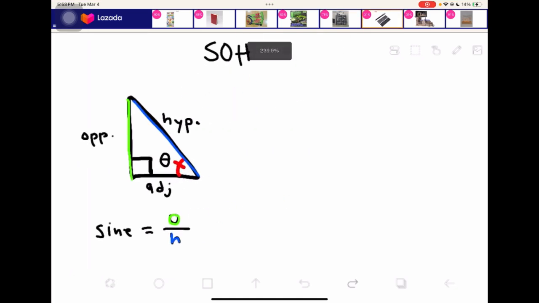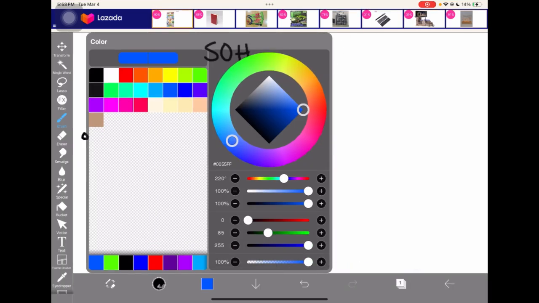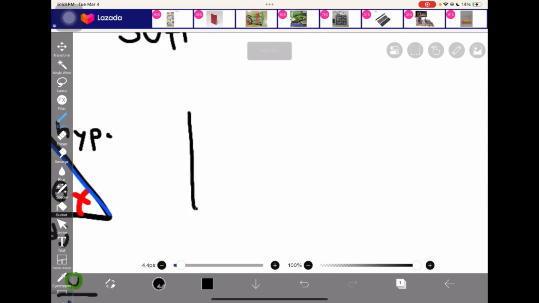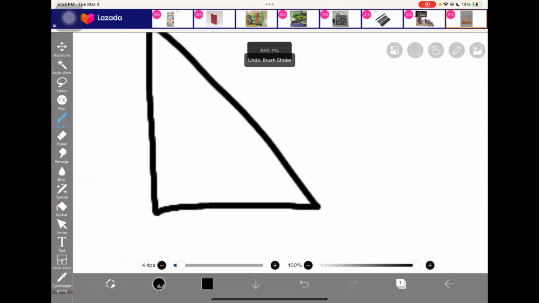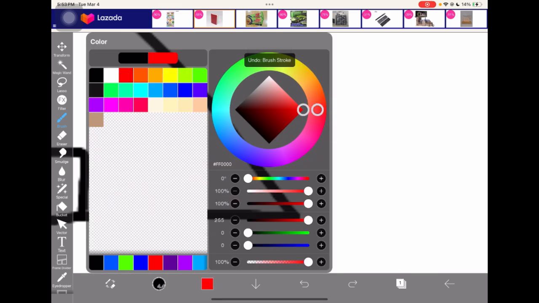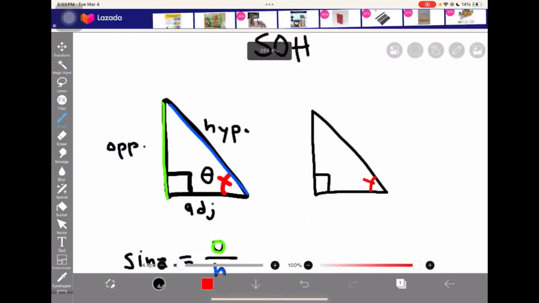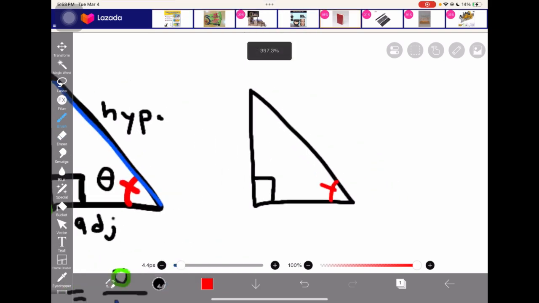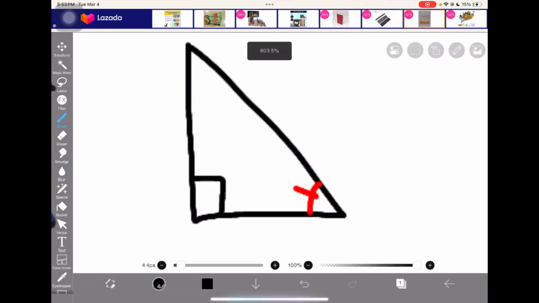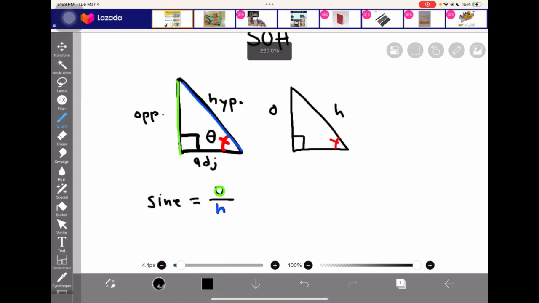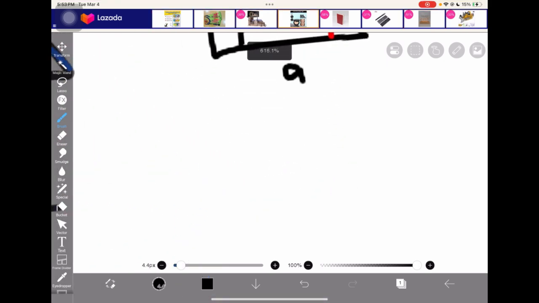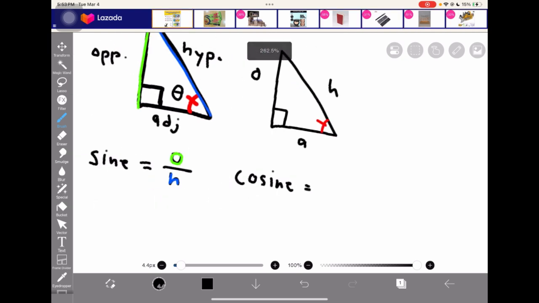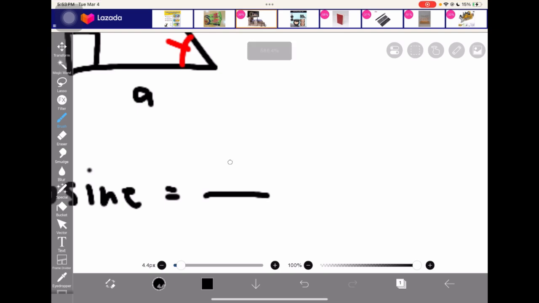And I'm going to repeat that for the two other mains. So once again, we're now going to do cosine. I'm going to re-illustrate the triangle. Just follow the same sides, by the way. So this is still opposite, adjacent, and hypotenuse. I'm just going to label them O, H, and A. And this is cosine, or just cos, but I'll say cosine, is equal to opposite over hypotenuse.